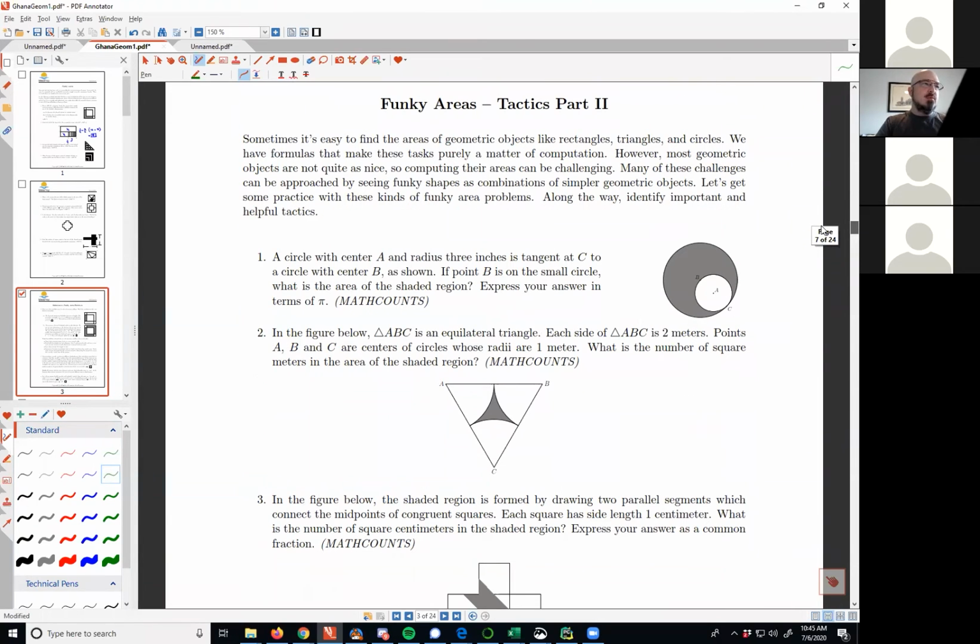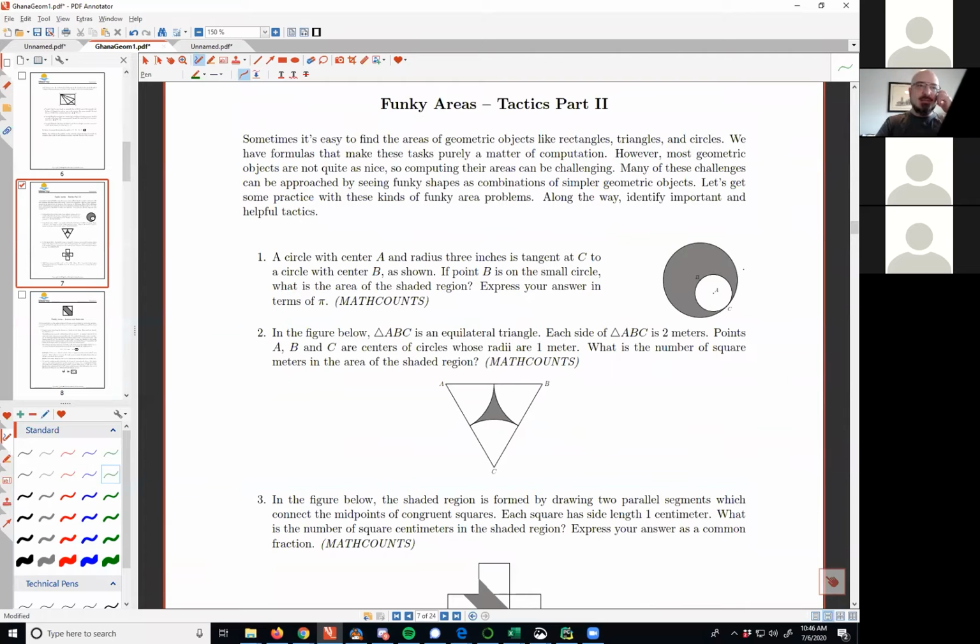And so now we're going to do some types of these that are a little bit tougher. We're going to include circles in particular, curved stuff.